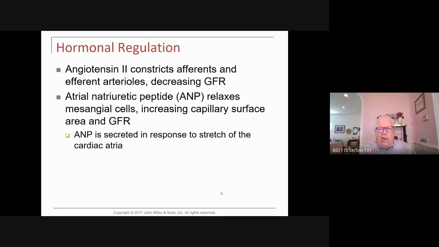It's the only hormone in your body that will lower your blood pressure. So they work in opposite directions. Angiotensin 2 raises your blood pressure and decreases your GFR, whereas ANP lowers your blood pressure and raises GFR.